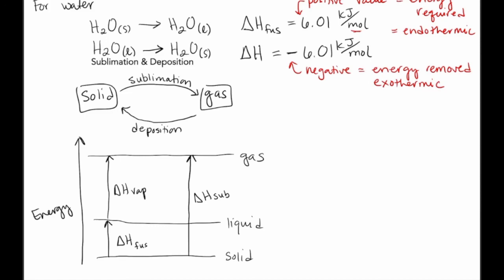If we go from gas down to liquid, we just change the sign of the vaporization value. If you go from a liquid down to a solid, you change the sign of the fusion value. But the amount of energy, right, is going to be the same. The amount of energy required for this transition is the same. It just depends on which direction you are going. Is energy required as we go up, or is energy released as we come back down?